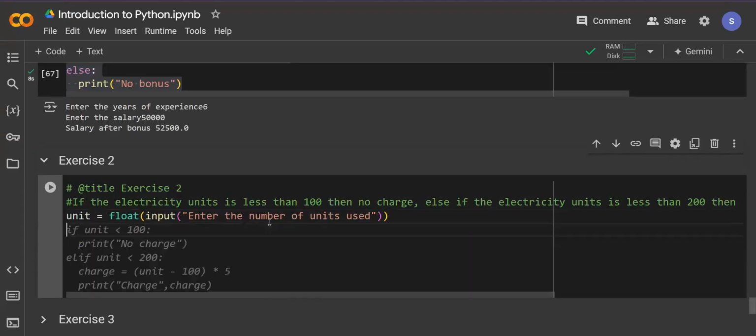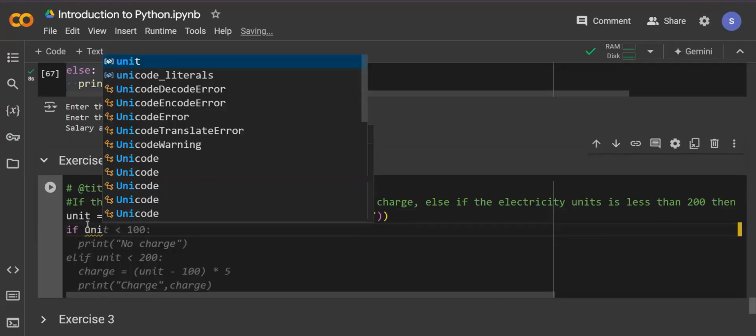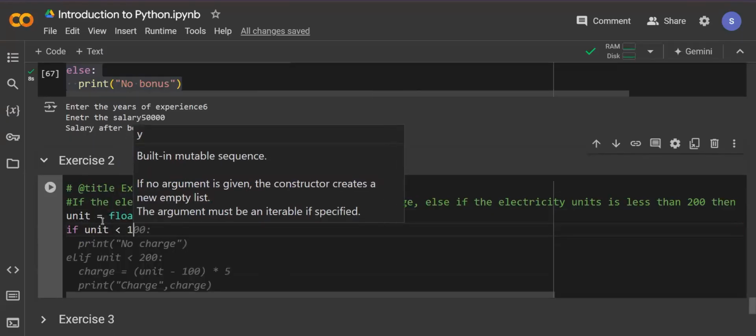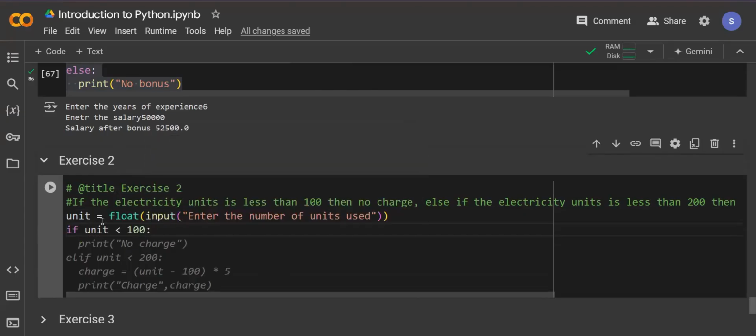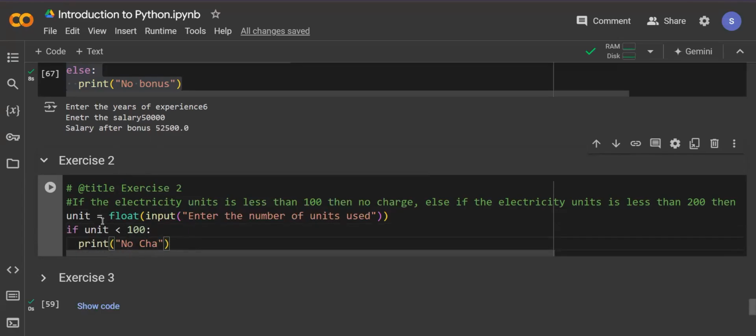Now let's understand how to do this problem. If the unit is less than 100, then we are printing no charge. Very simple. No charge.